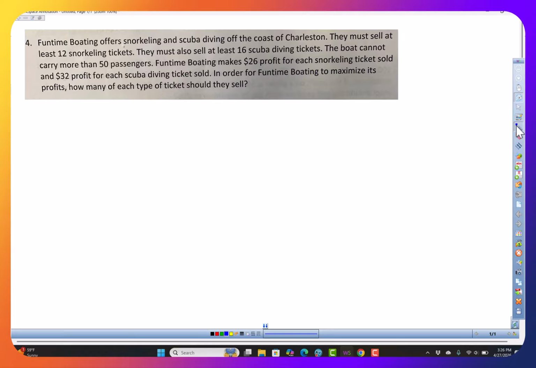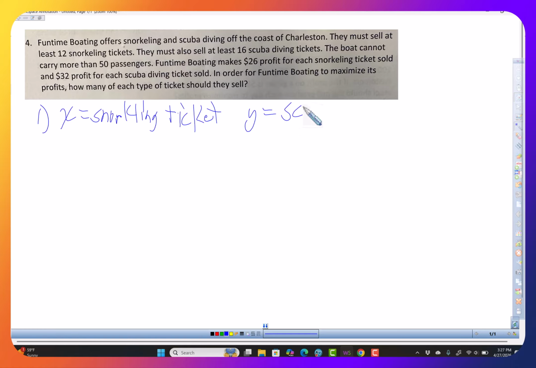Okay, so the first thing we're going to do is define variables. X is going to be snorkeling tickets, and then Y is going to be scuba. Then our constraints.